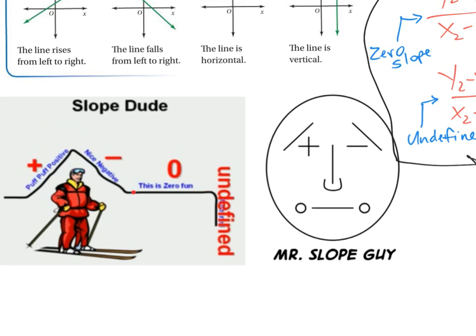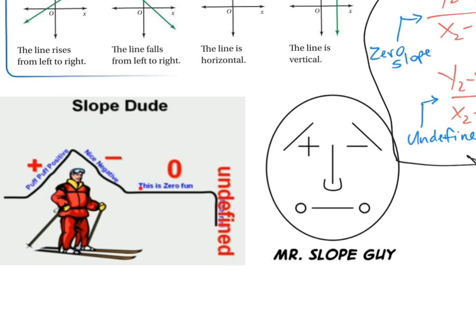He has to push on his skis because he's not getting some negative. Hopefully he rode the chairlift or gondola over here, and then he rides down, and this is 0 fun. And then the way I remember it is if he got to the cliff, he would be undefined because he would just go, and therefore he would be undefined.